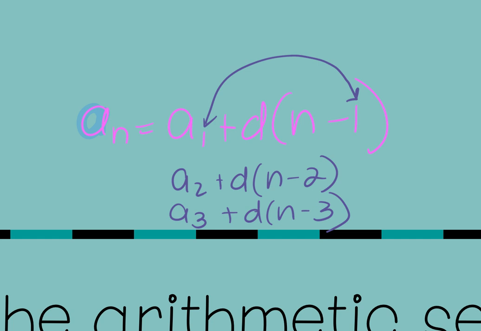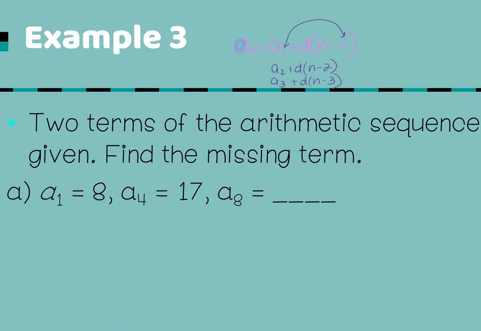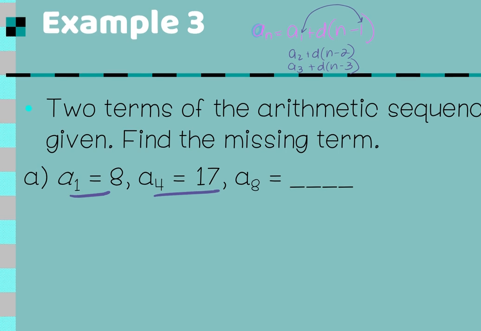Those two will tell you how many times you have to jump from something to something, okay? So if I want to go from a1 to a4, there's a couple different ways to do it. One is literally subtract and then divide by the number of jumps. If I'm going from a1 to a2 to a3 to a4, how many times did I add d? 3 times. So I can literally do 17 minus 8 divided by 3.